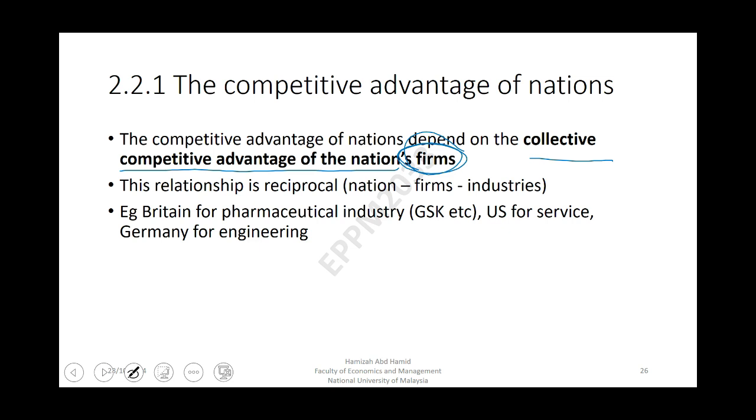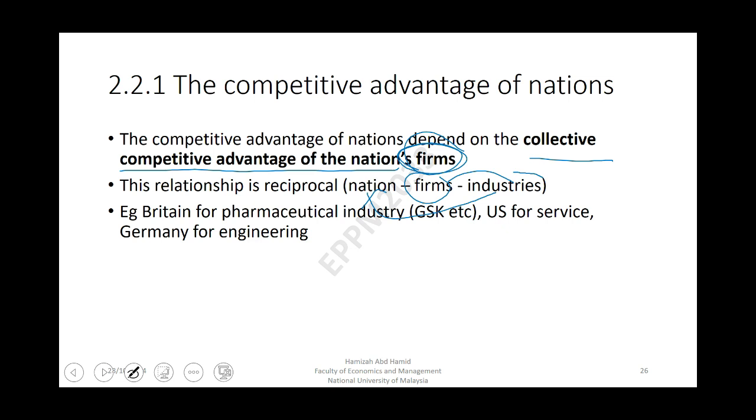And this relationship is reciprocal because firms create industries. Industries contribute to the development of a nation. So we try to associate different countries with specific industries. We have Britain for its pharmaceutical industry.